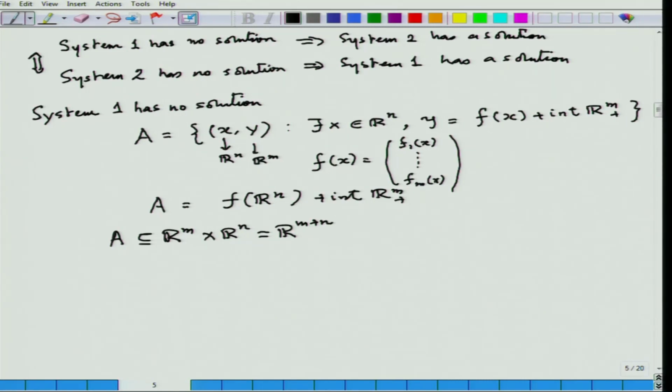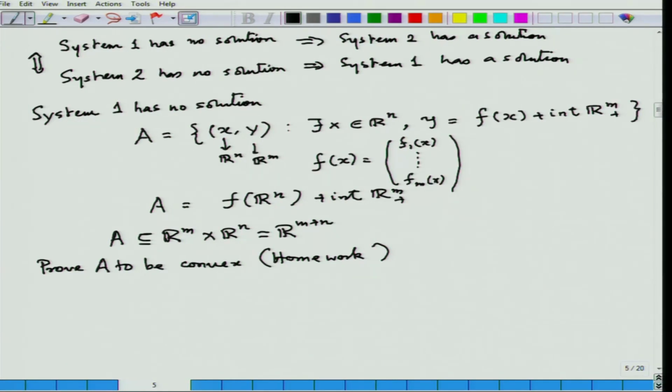Now, what I need to tell you here is that this set is a convex set. So, your homework is to prove A to be convex. Do not mind it. Exactly the convexity of the functions is needed to prove that this set A is convex.